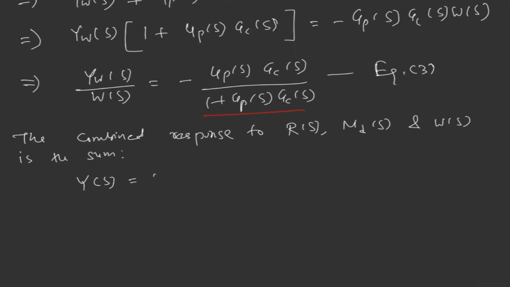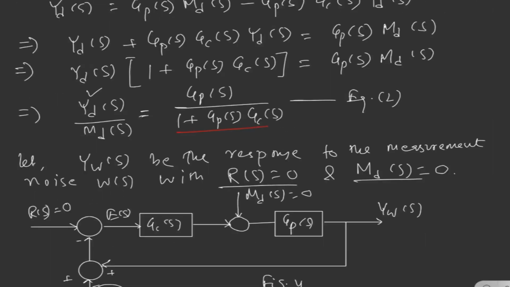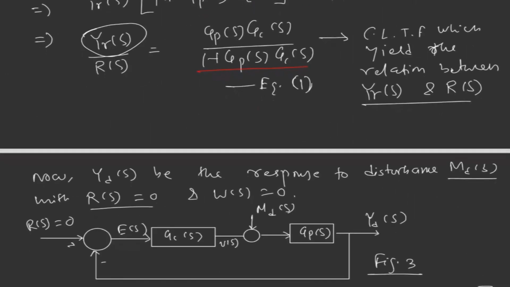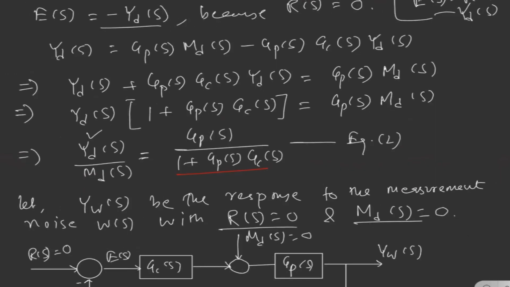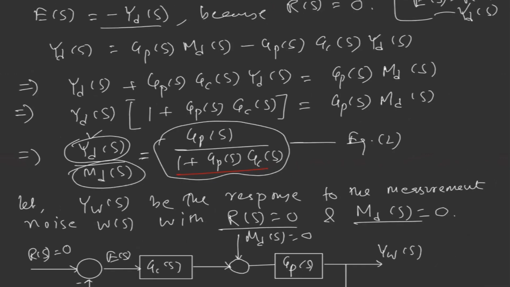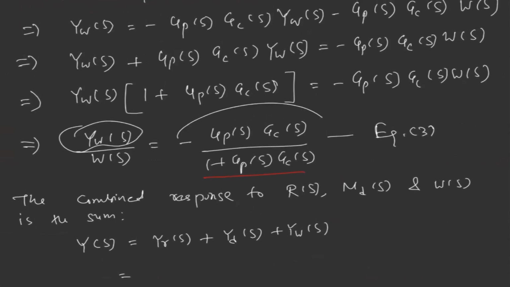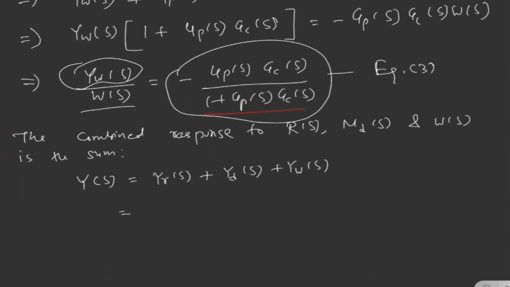We can write Y_R(S) plus Y_D(S) plus Y_W(S). Y_R(S) equals the whole transfer function into R(S). Similarly, Y_D(S) equals the whole transfer function with M_D(S). Similarly, Y_W(S) equals the whole transfer function into W(S).